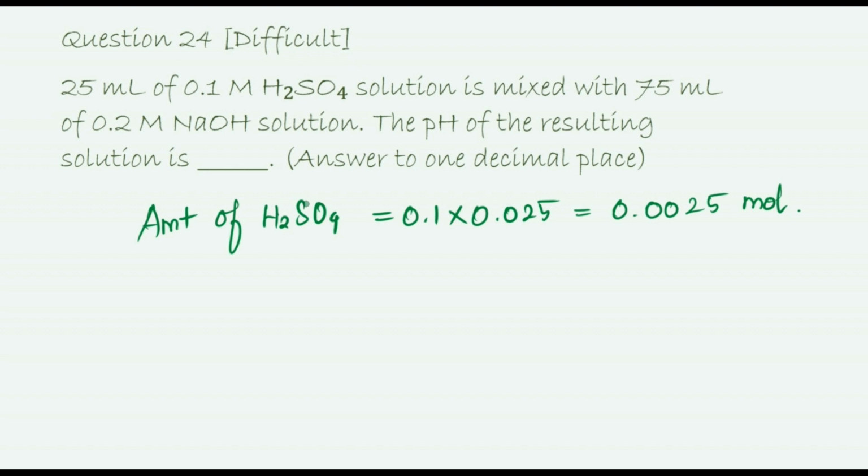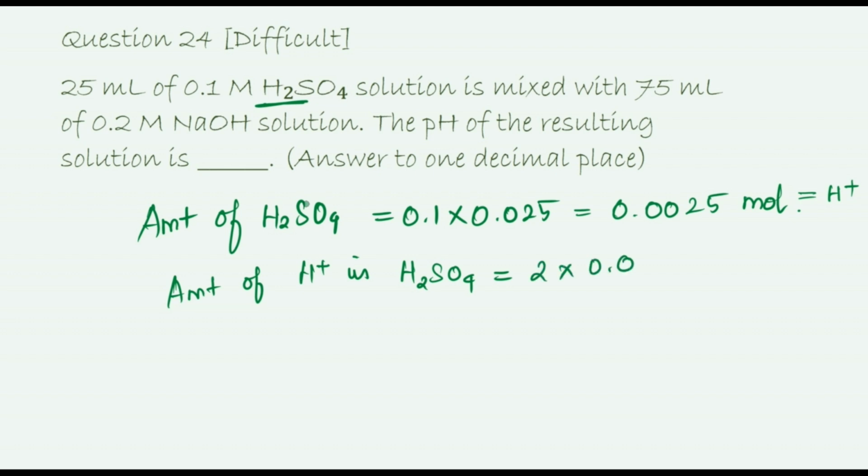Then the amount of H plus ions is equal to the same 0.0025 moles. But here I have H2SO4. So the amount of H plus in H2SO4 is 2 into 0.0025, that becomes 0.005 moles.